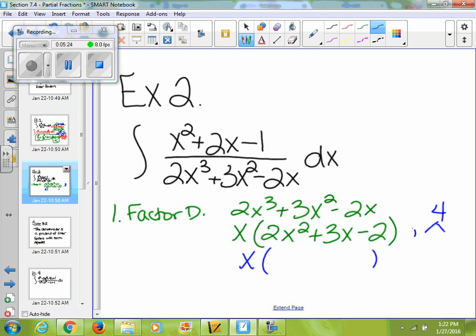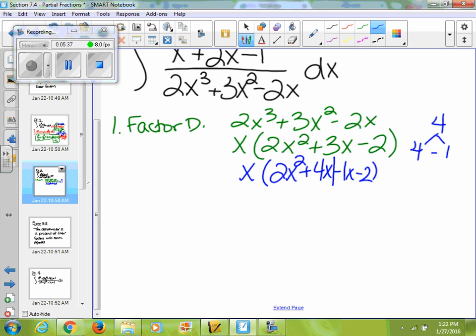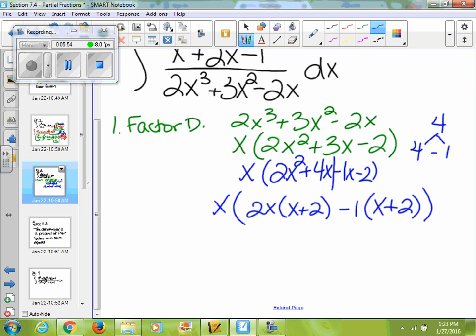Factors of 4 that subtract to 3 are 4 minus 1. So this would become 2x squared plus 4x minus 1x minus 2. If I factor by grouping, out of the front I can take a 2x and I'd have x plus 2. Out of the back, I can take a minus 1 and have x plus 2. So this whole denominator factors to x times x plus 2 times 2x minus 1.